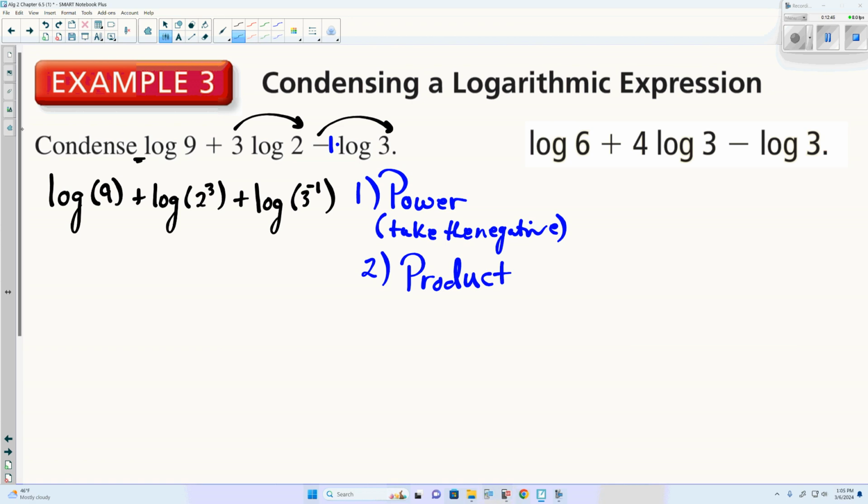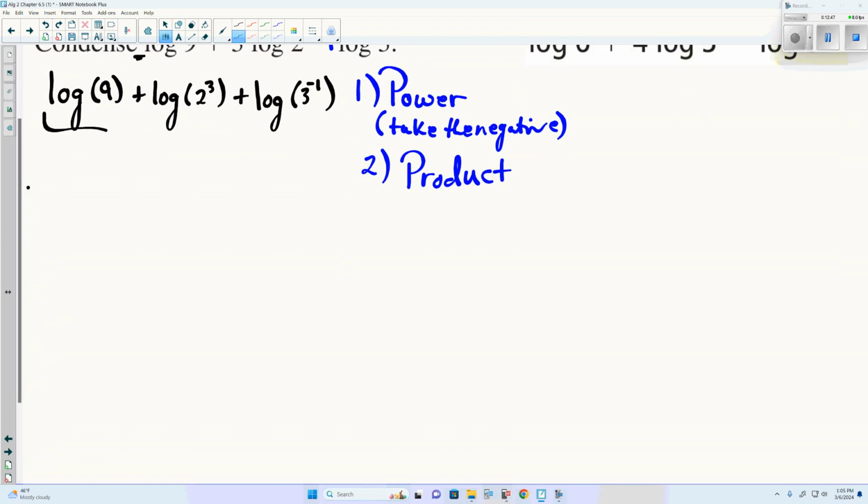Since we have 3 logarithms with the same base being added together, we can rewrite it as a single log with what's inside of each one being multiplied together. So log of 9 plus log of 2 to the third plus log of 3 to the negative 1 is the same as log of 9 times 2 to the third times 3 to the negative 1.